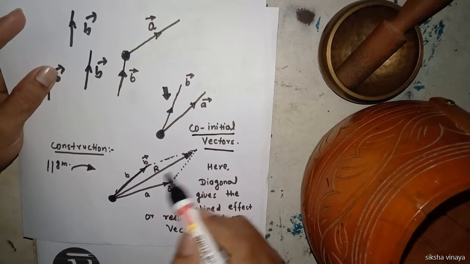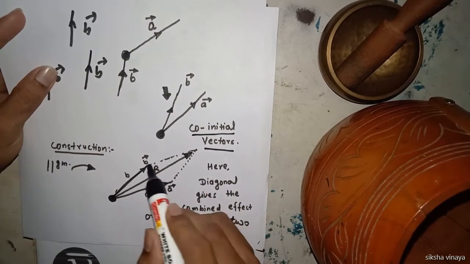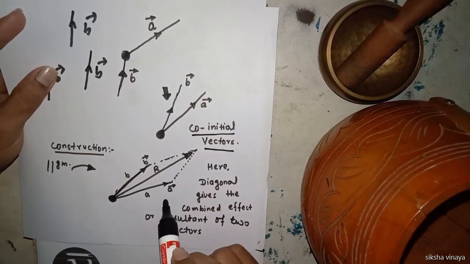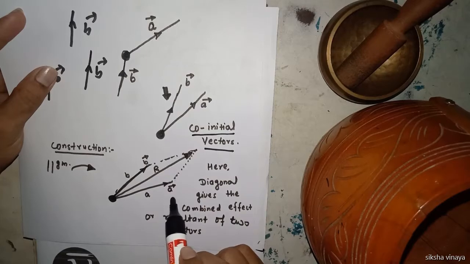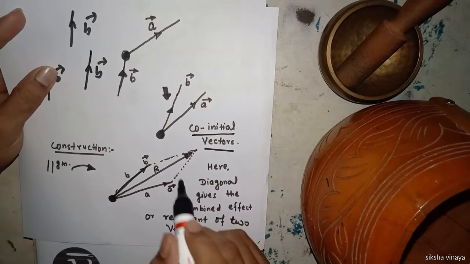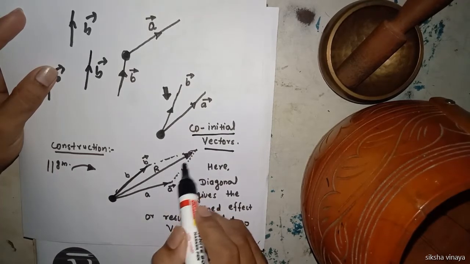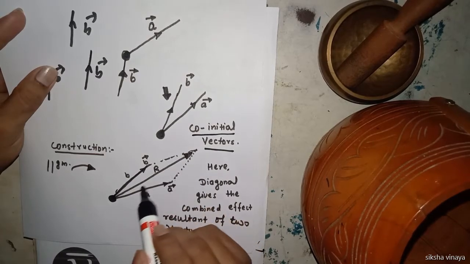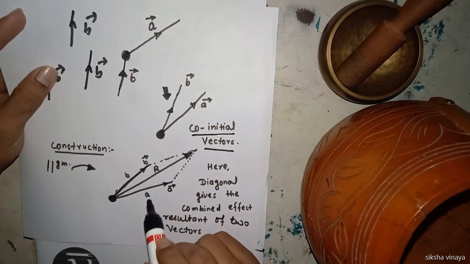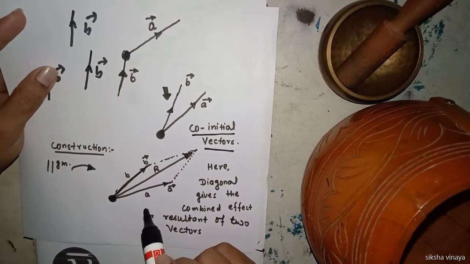This line is parallel to this, and this. So the mathematics says that if we measure the value of this diagonal, it gives you the net effect or resultant value of these two vectors, the combined value of these two vectors.